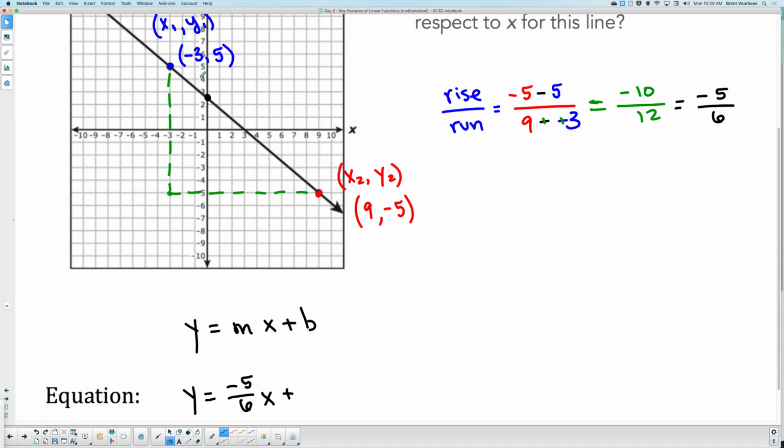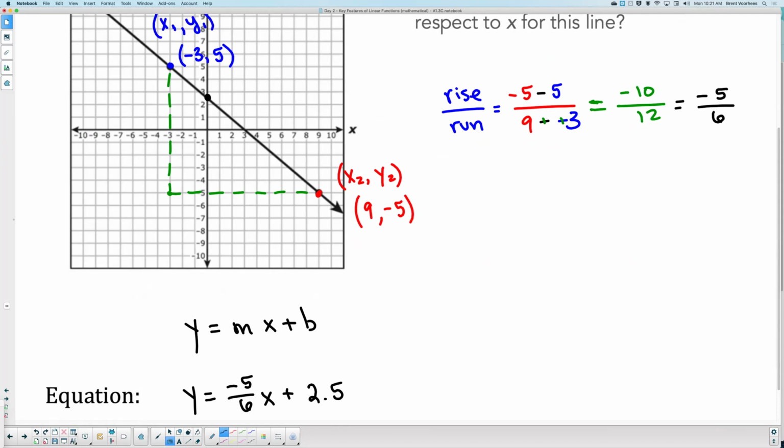Where do you think we cross the y-axis? It's in the middle of 2 and 3. What number's in the middle of 2 and 3? 2.5. Ivan, you got it. 2.5. That's it. So that would be our equation this time.